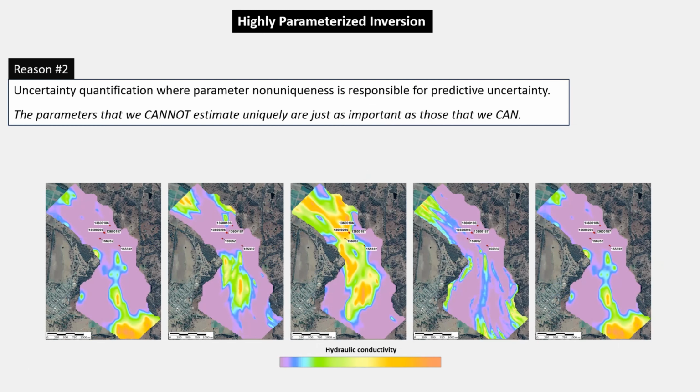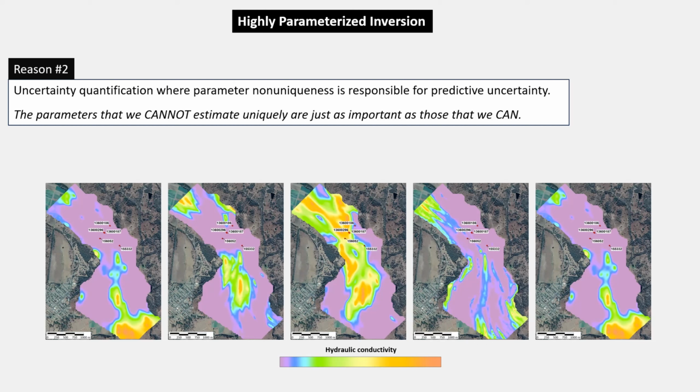That's the first reason. The second reason is that in just about any context in which we calibrate a groundwater model, there's no way that we're going to have parameter uniqueness. The data cannot tell us everything that's under the ground. So when we make predictions, there's going to be uncertainty. And for reasons we've talked a lot about in other videos, we need to quantify that uncertainty.